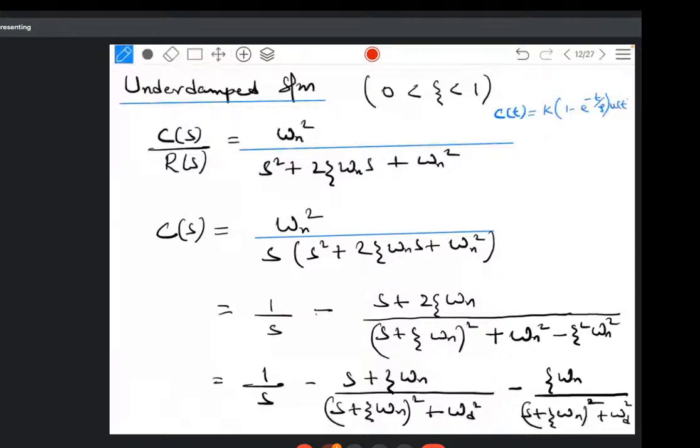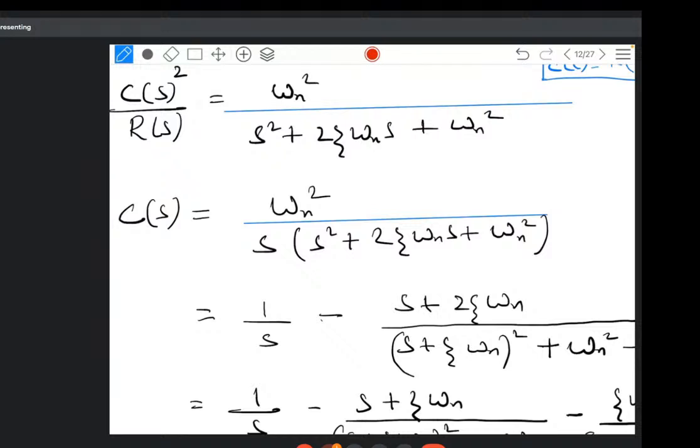This was the response of the first order system, where tau was the time constant, K was the steady state value of output, and small t was the variation in time; c(t) gave how the response varies with time. So here also I have to find the response of the second order underdamped system.